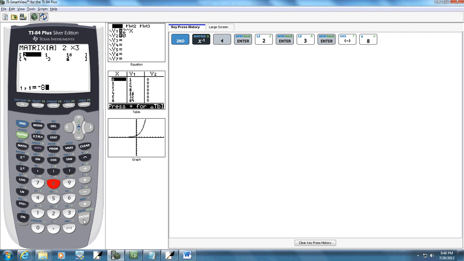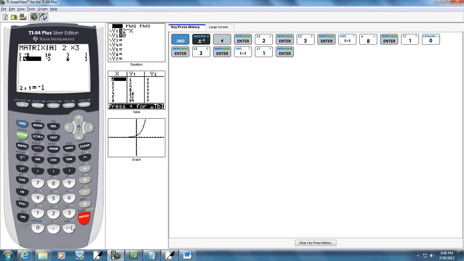So negative 8, enter, 10, enter, 3, enter, then negative 1, enter, negative 7, enter, and 3, enter. Now you have to make sure you exit out before you go to the next part. So you do second mode, exit out.